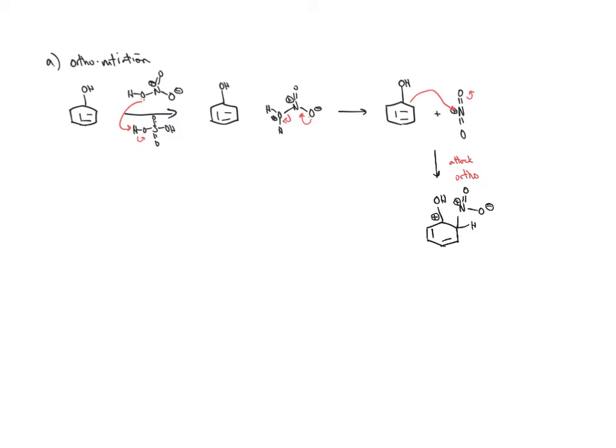So we attacked ortho, we get this sigma complex, or this arenium ion, depending on how you want to call it, and we can perform resonance delocalization here. So let's do that. Resonance delocalization can occur to give us, let's say, movement of those electrons there.